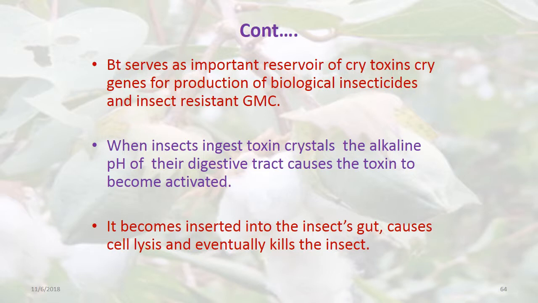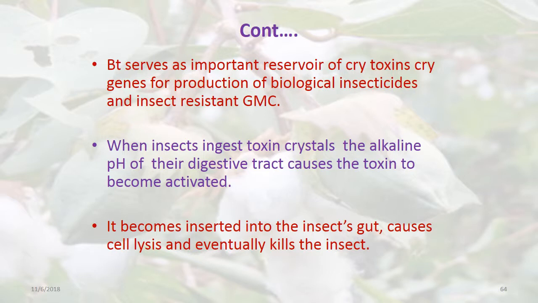Bt serves as an important reservoir of Cry toxins and cry genes for production of biological insecticides and insect-resistant crops. When insects ingest toxin crystals, the alkaline pH of their digestive tract causes the toxin to become activated.